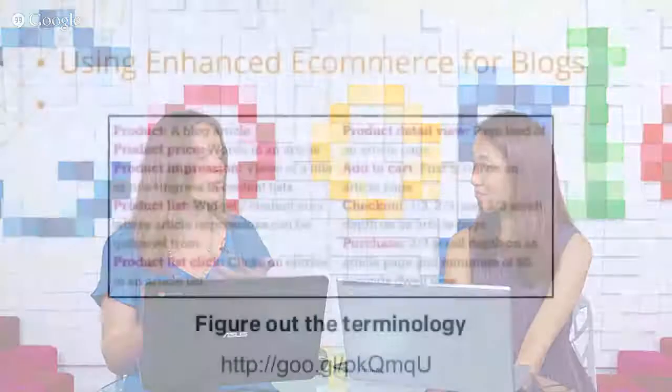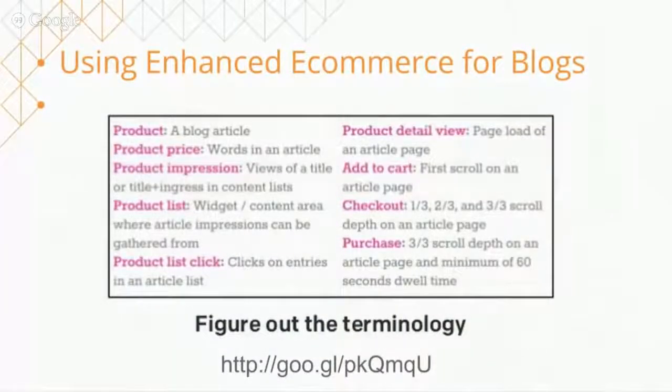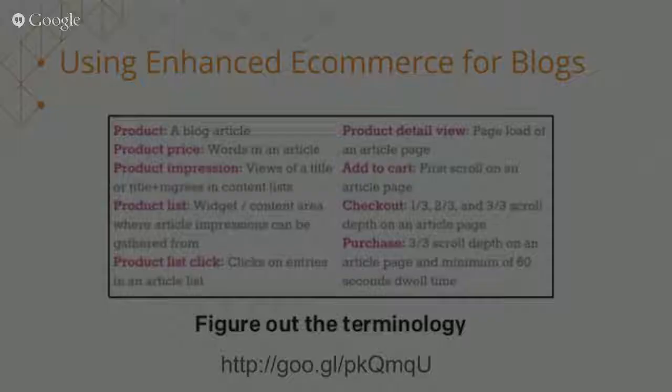So what he did was he figured out how the terminology with Enhanced Ecommerce related to a blog post. So a product was a blog article, and product price was the words in the article. And similarly, you can see all of the terminology here on the screen. There's also a short link out to his blog post on this.